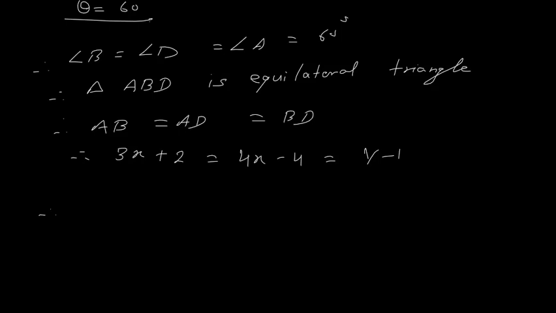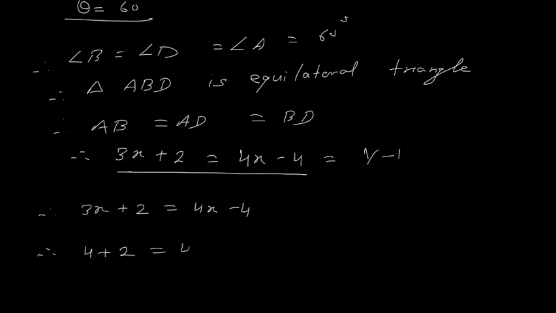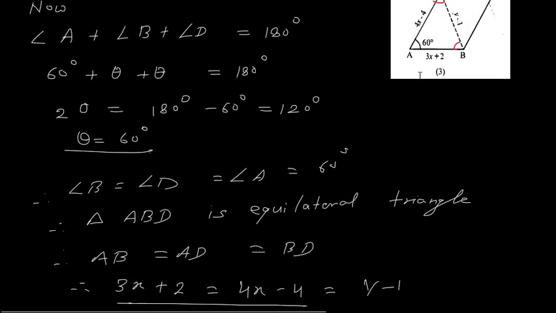So first let us equate these two parts, that is 3x plus 2 is equal to 4x minus 4. So I will move this 3x to the right and minus 4 to the left. So on the left we have 4 plus 2, on the right we have 4x minus 3x. So 4 plus 2 is 6, equal to 4x minus 3x, which is x. So the value of x is 6.